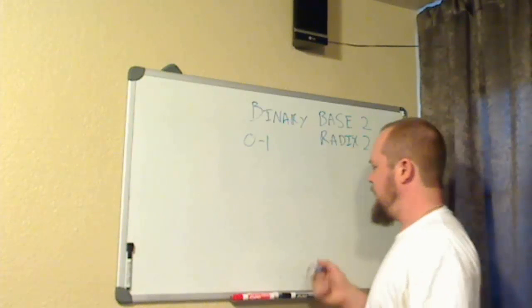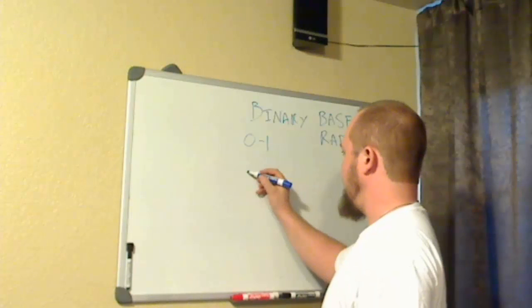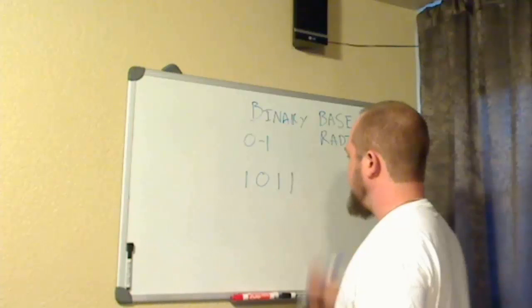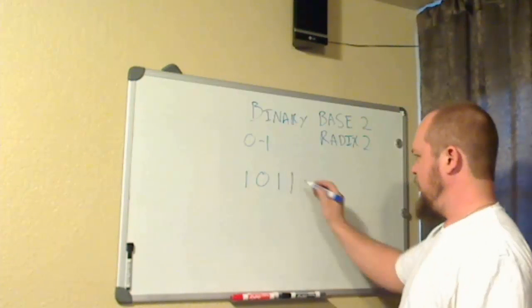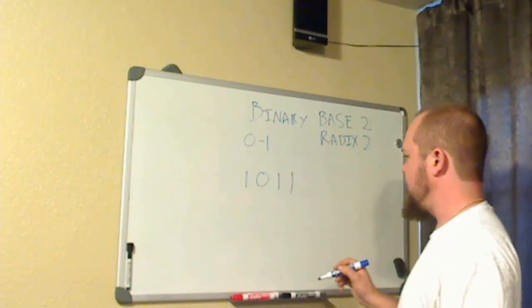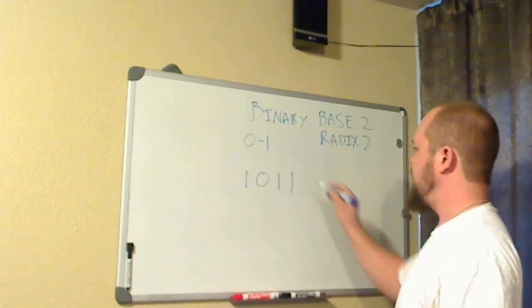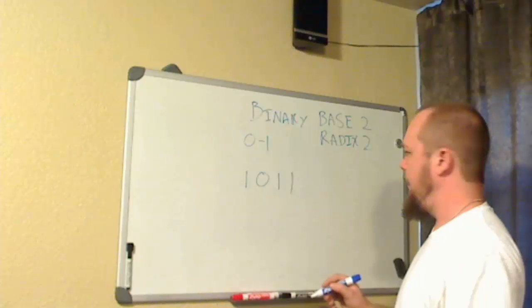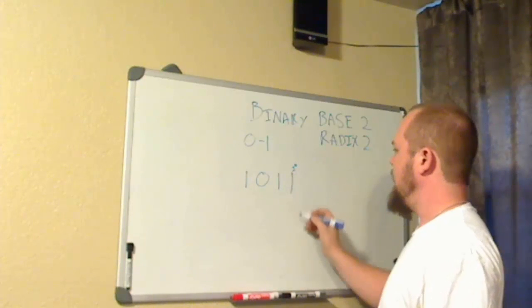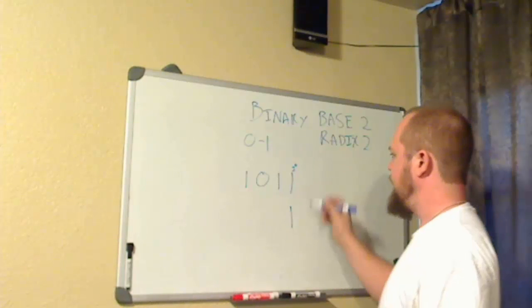Let's go ahead and take a look at a binary number. 1011. Each one of these digits or bits has a positional weight associated with it. This is going to be powers of 2. So 2 raised to the 0 power is always 1.